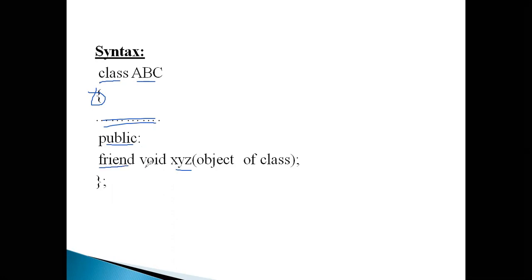The return type is void, the name of the function is xyz, and the parameter is the object of the class. When I declare or define the friend function, the parameter of the friend function must be the object of the class. Then close the class as usual. This is the way we declare the friend function.